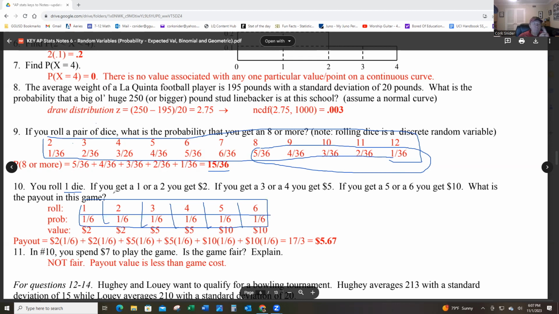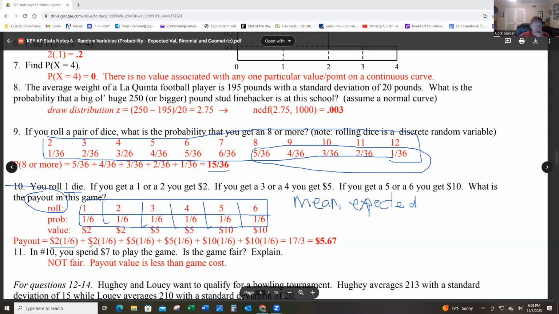What is the payout? Payout is the same thing as the mean, the same thing as expected value. You might want to write that out: mean, expected value, and payout are all the same. So how do you do that? Multiply $2, the money part, times the probability of getting a 1, which is 1/6.